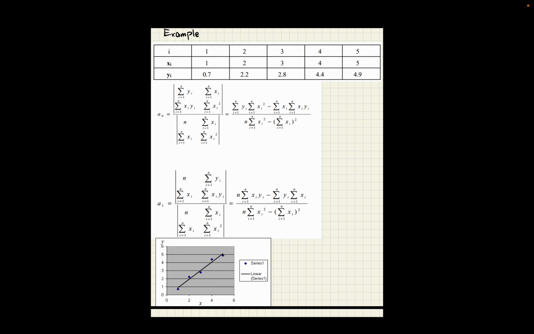For example, we have 5 points, xi, yi, with i from 1 to 5. And we want to do a linear regression to all the points. So it's just to calculate a0 and a1.